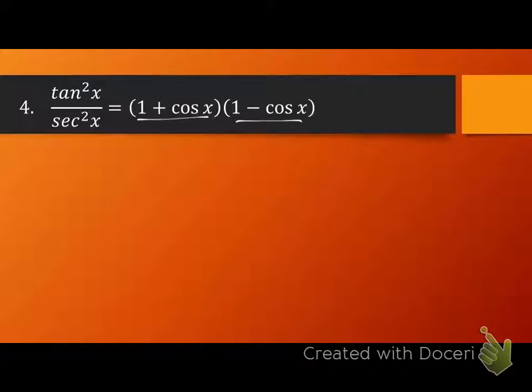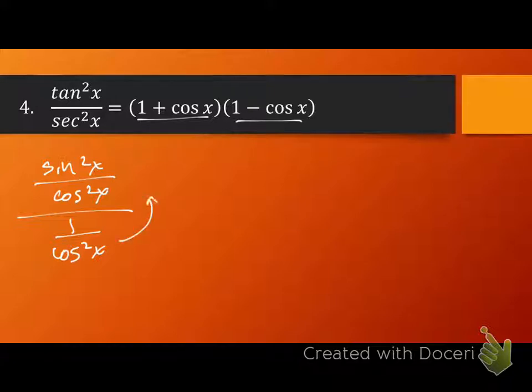And in order to do that, I'm going to rewrite this in terms of sine and cosine. So make this sine squared x over cosine squared x all over 1 over cosine squared x. Now, I'm going to flip this over and multiply.